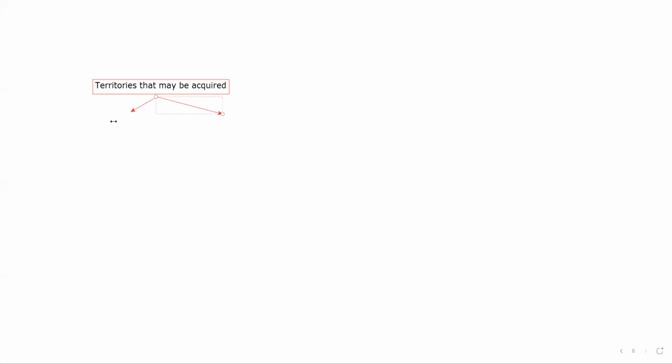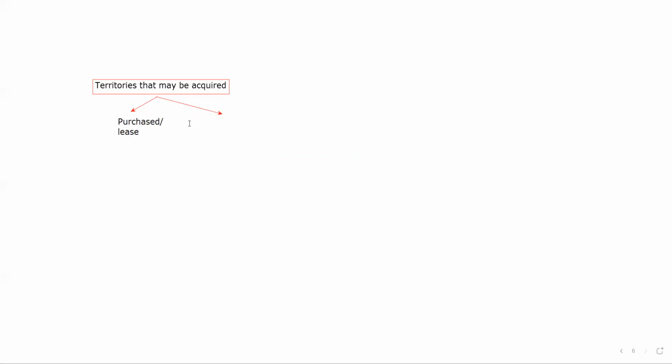Number one, the territories that have been purchased by the country, or the territories that have been taken on lease. Purchased or taken on lease, okay?